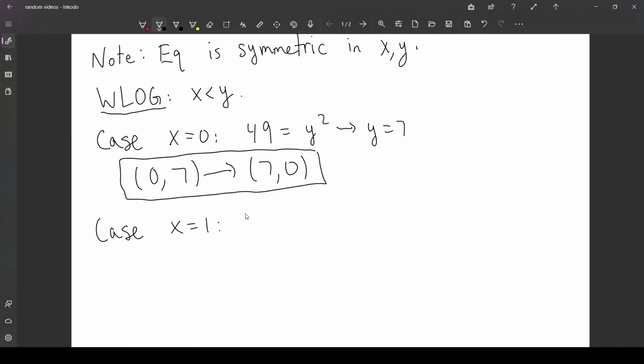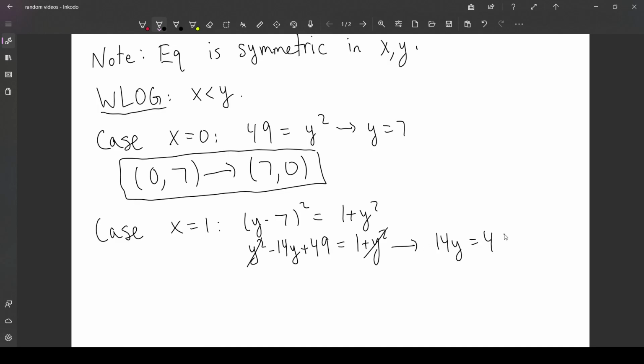If we put x equals 1 into this equation and expand, notice it has a y squared on both sides. So this becomes a linear equation, and what you end up getting is 14y equals 48. And 48 is not divisible by 14, so there are no integer solutions. No solution here.